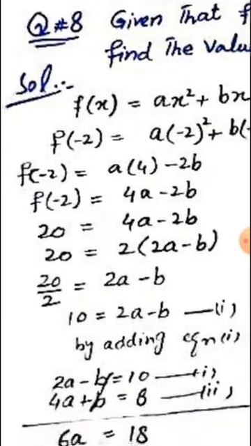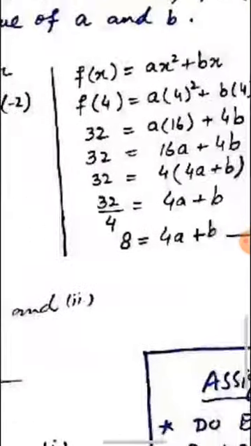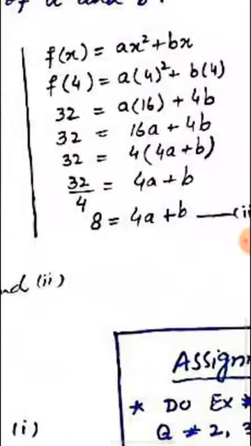The f(minus 2) value is given in the question, which is 20. So 20 is equal to 4a minus 2b, and taking 2 common, 20 is equal to 2 into (2a minus b). Dividing 20 by 2, 10 is equal to 2a minus b. It's your first equation.